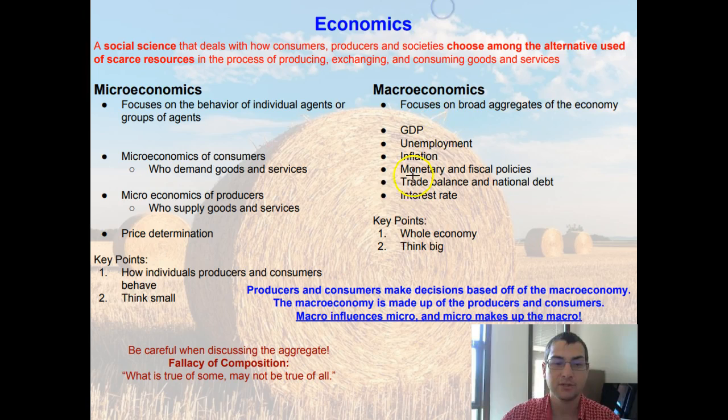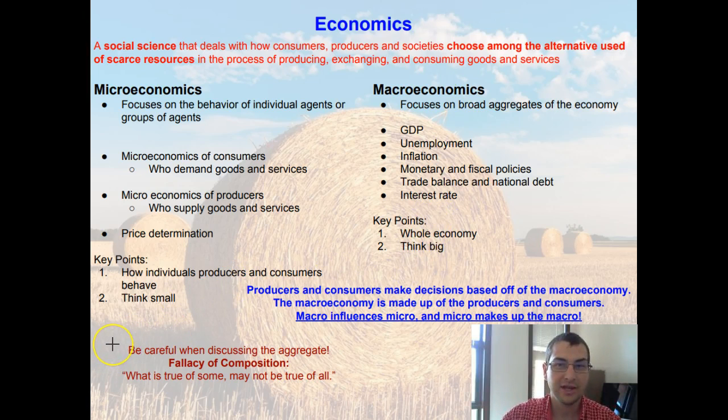Or if the interest rate becomes too high and producers and consumers can no longer afford to buy things using loans, and they stop buying as many goods under loans, it's going to drive the interest rate down. So the macroeconomy influences the microeconomy, while the microeconomy makes up the macroeconomy. Both go right hand in hand.